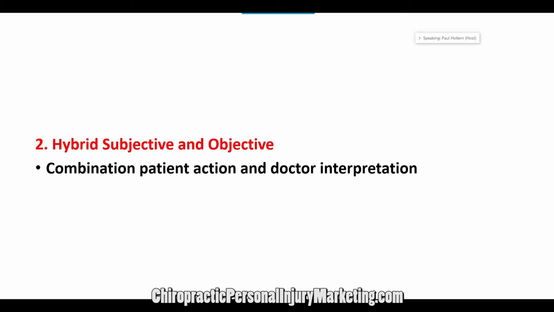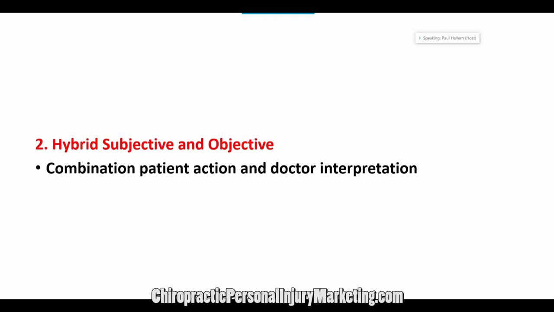Passive somewhat. Joint motion is not. Muscle testing, yes, that's hybrid. That's physician dependent and patient dependent. And when you look at reflexes, yes, that is not totally objective. Dermatomes, yes, hybrid.